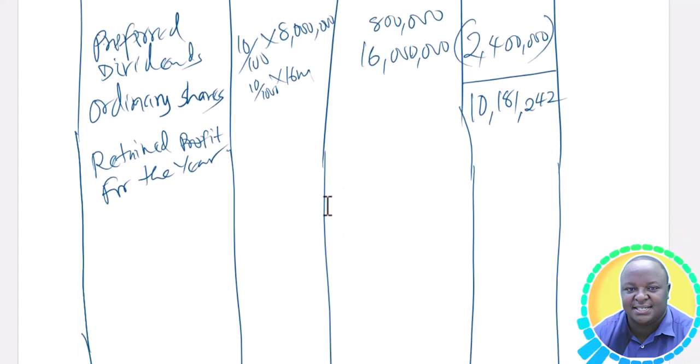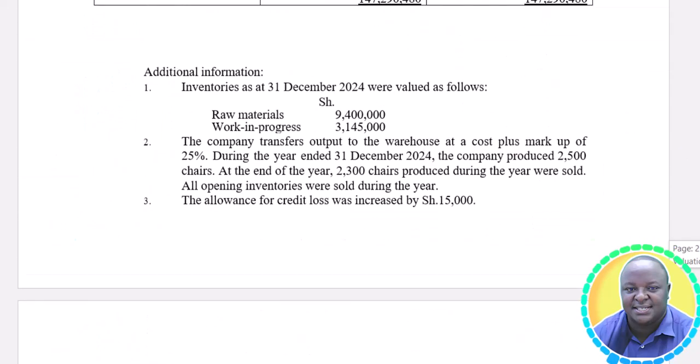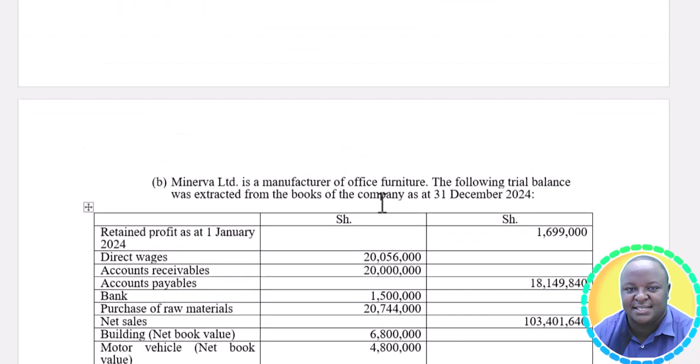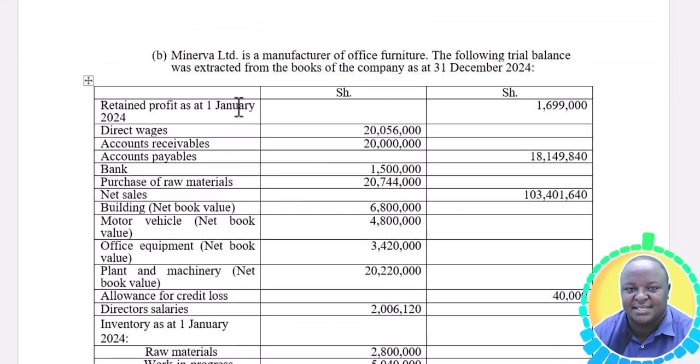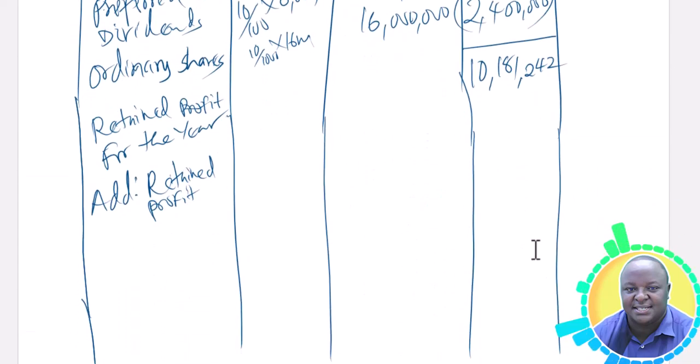And then we will add retained profit. Remember, when we started from the trial balance, the topmost information there, the first information there, is the retained profit. Retained profit as at 1st January 2024, 1,699,000. So we add that, 1,699,000.